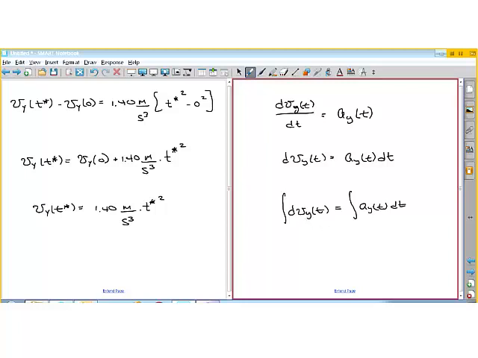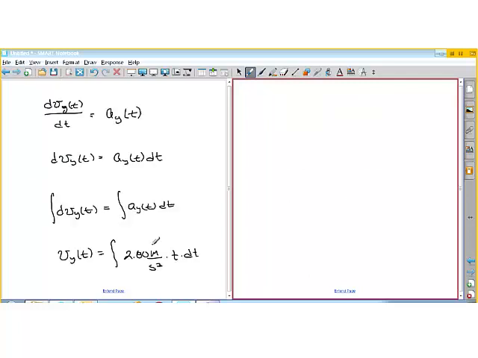So the integral of the derivative is just the velocity as a function of time. And here we integrate a sub y, which is 2.80 meters per second cubed times t times dt. Now, here we don't have limits on the integral.